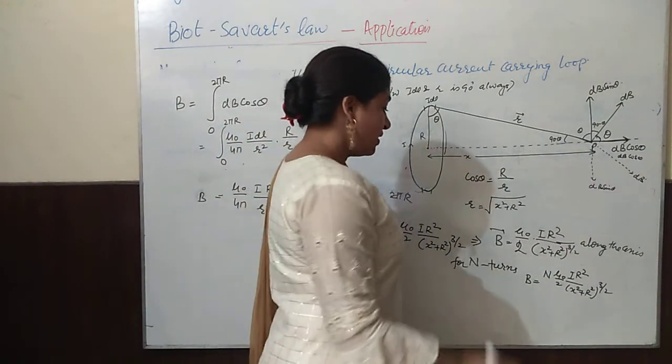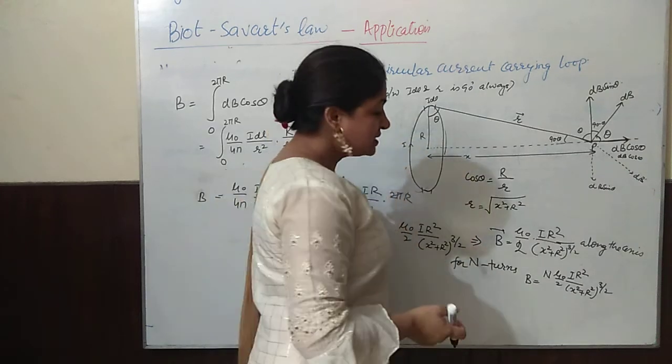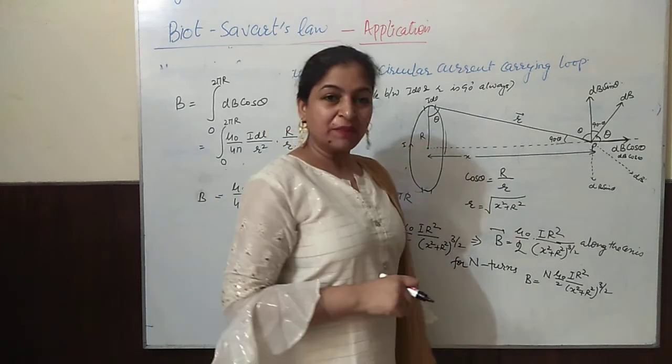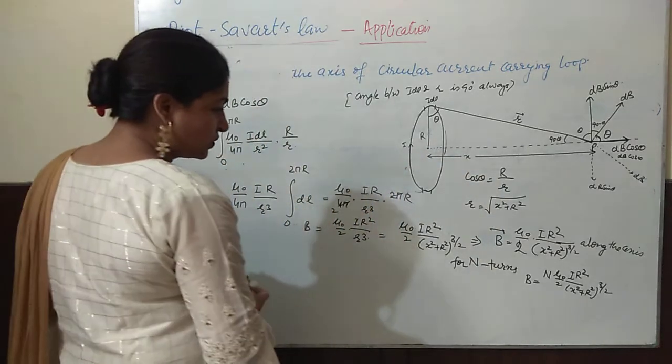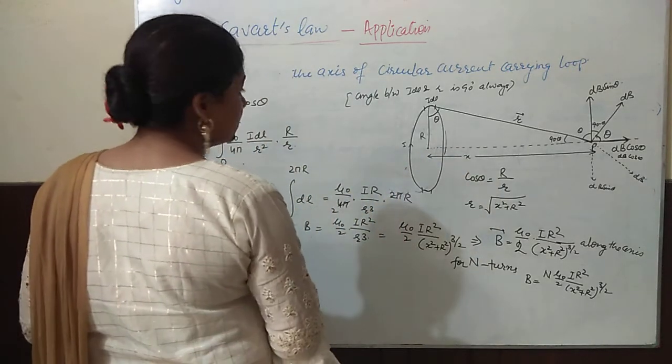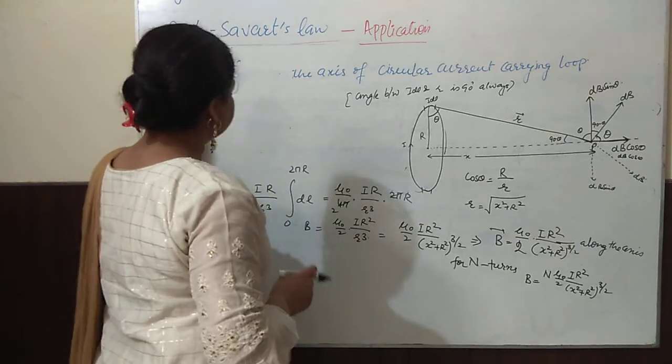Now we are going to write this expression in another form, and let us see whether we are able to compare that expression with some other expressions or not. Let us write down the expression again here.